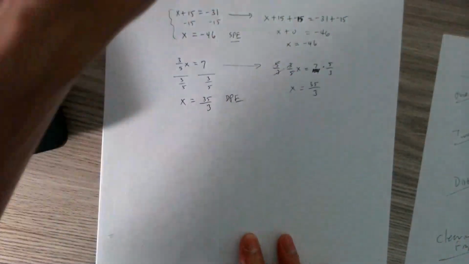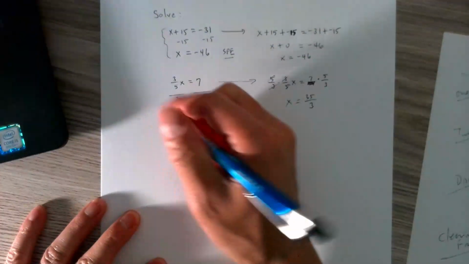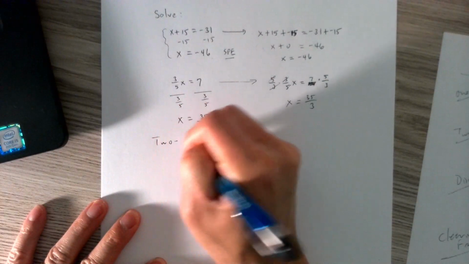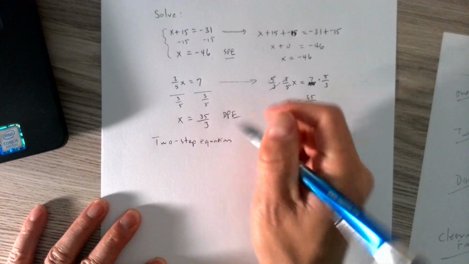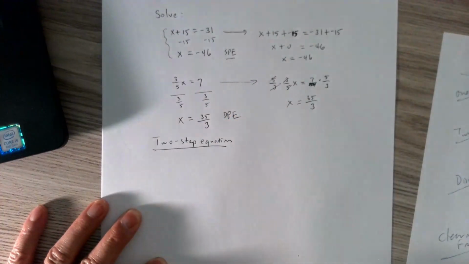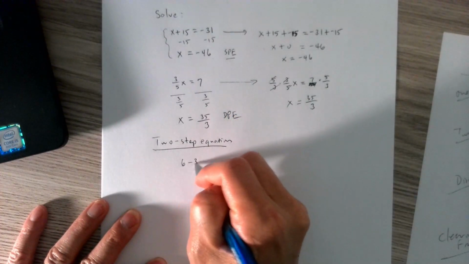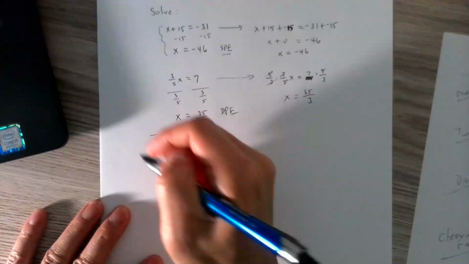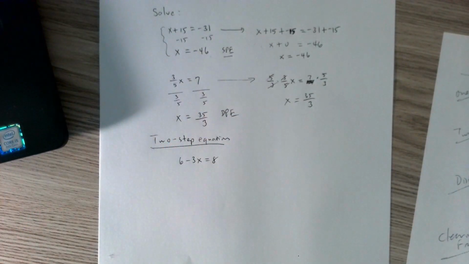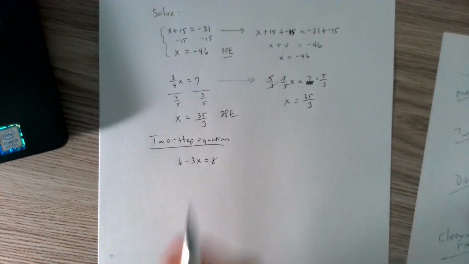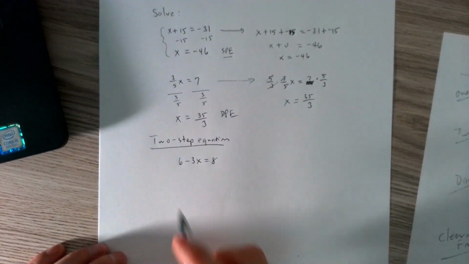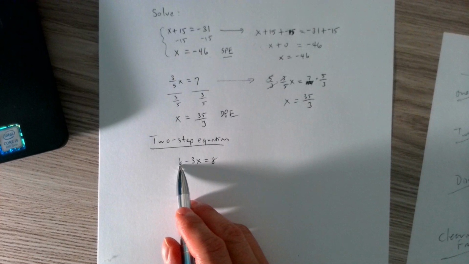Okay, now two-step equations. Six minus 3x equals 8. So that x is trapped in that term, 3x. I got to free it, rescue it, so I got to get rid of this 6 first.